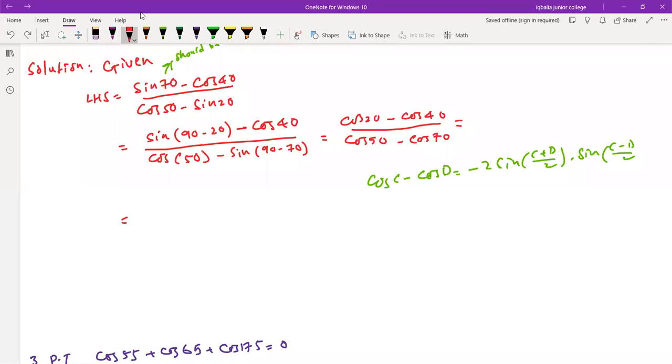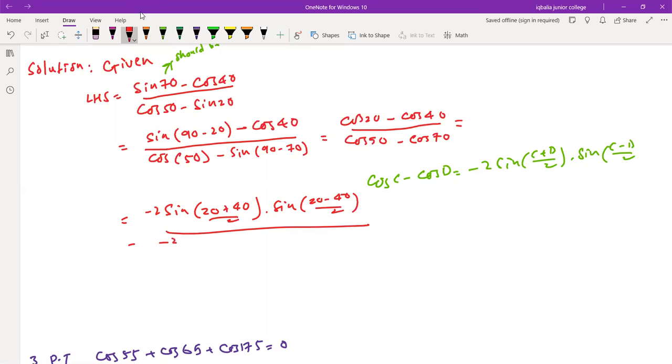So here we have minus 2 sin 20 plus 40 by 2 into sin 20 minus 40 by 2, and again minus 2 sin 50 plus 70 by 2 into sin 50 minus 70 by 2.